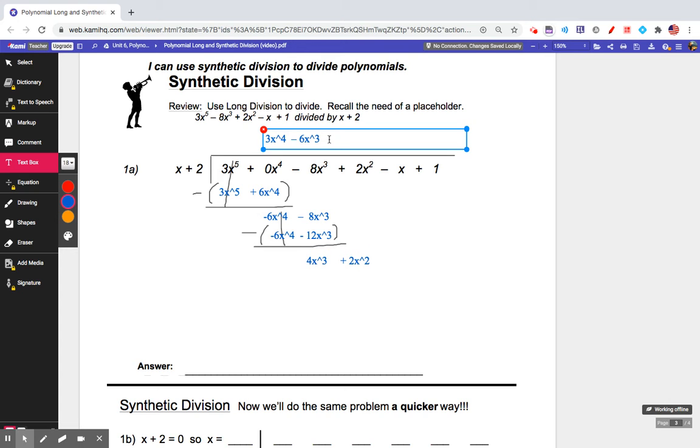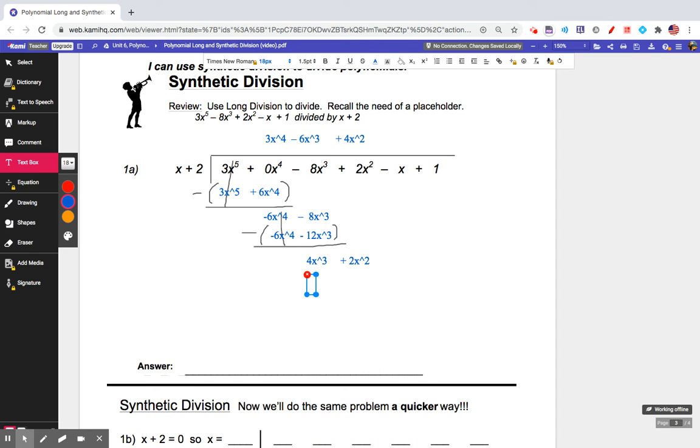Go through the same process. What do you multiply x by to get 4x cubed? That's going to be a plus 4x squared. And I go ahead and I take that 4x squared, multiply it by that divisor. I get 4x cubed plus 8x squared. And I subtract and I bring down.